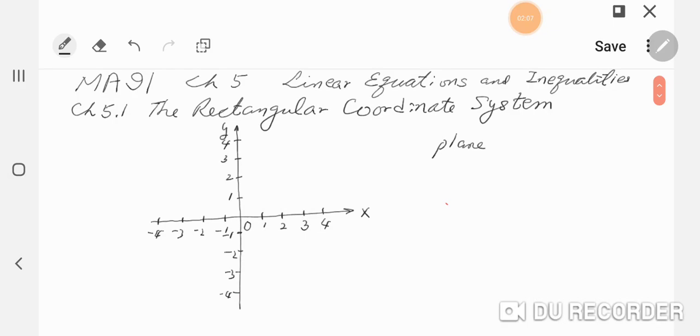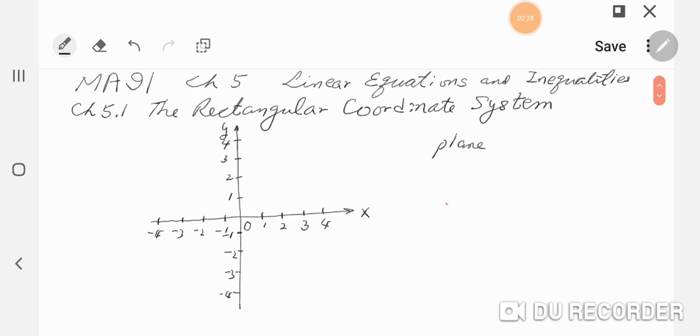So we call this a rectangular coordinate system. A flat surface using two lines, and each number line has numbers: positive numbers, negative numbers, and 0.